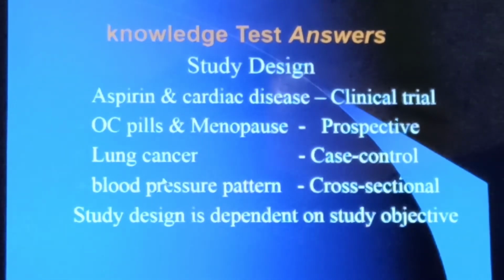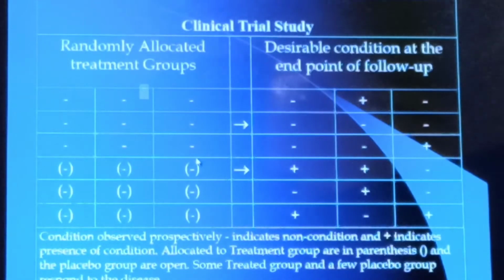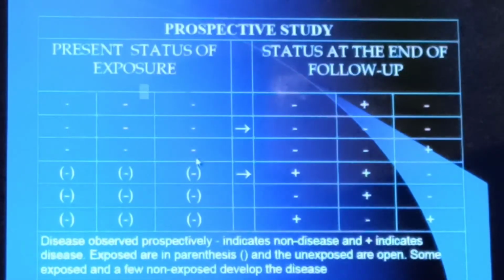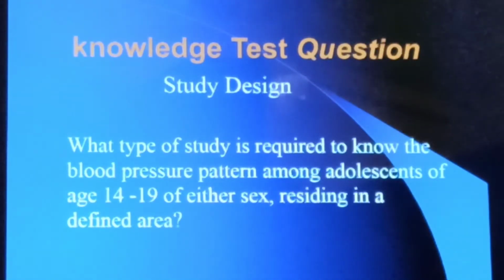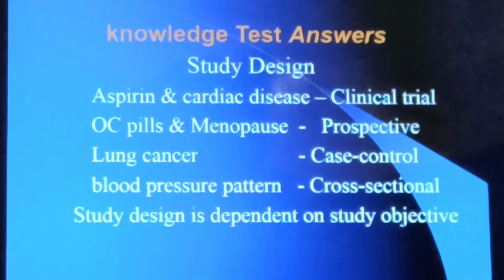Lung cancer cases and controls: it's a case control study, you are enrolling cancer cases and non-cases. Blood pressure pattern is a cross-sectional study. So study design is dependent on study objective.